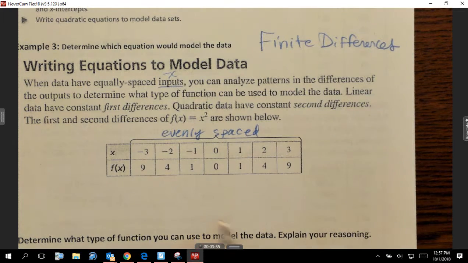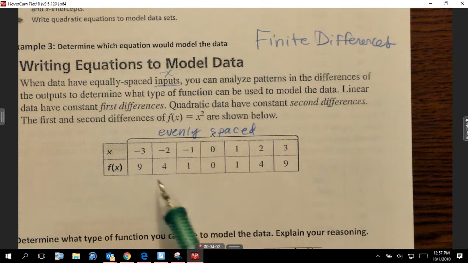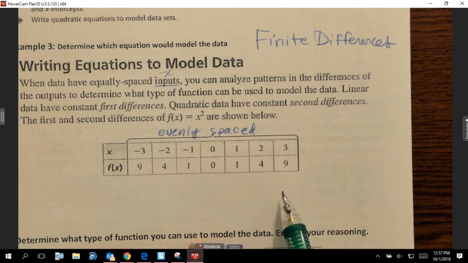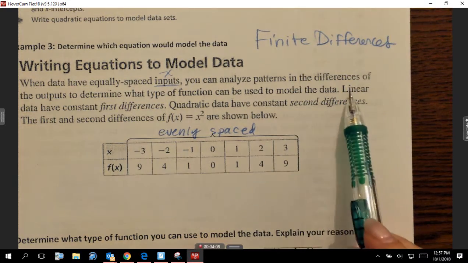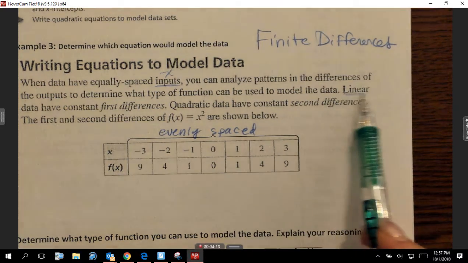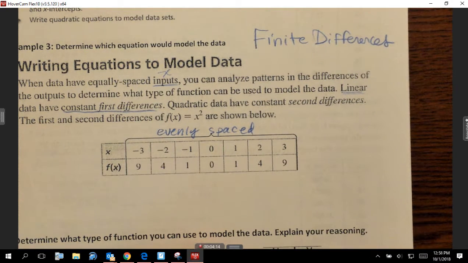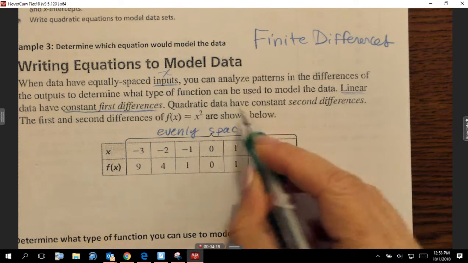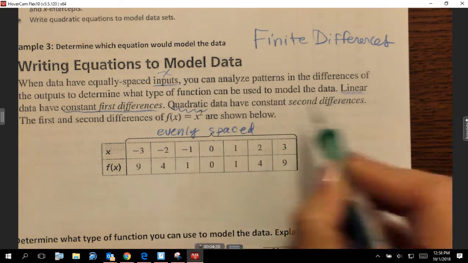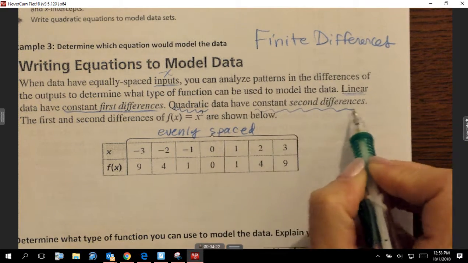But if the x's are not evenly spaced, you can't do what we're about to do. And then we're going to analyze the y values. We're going to look at the output. What we're going to do is called differences. If the equation is linear, then we will have constant first differences. If the equation is quadratic, then we'll have constant second differences.